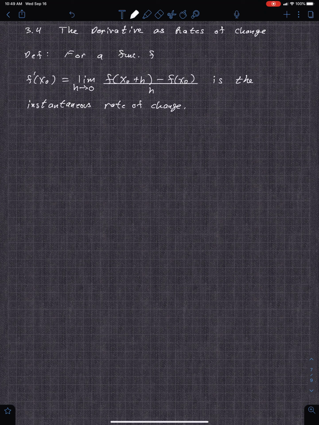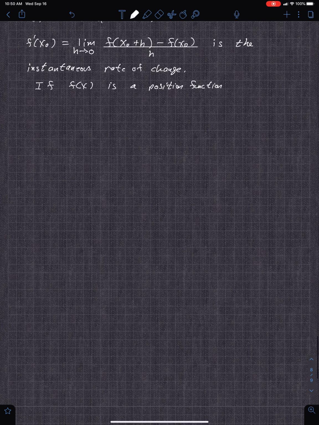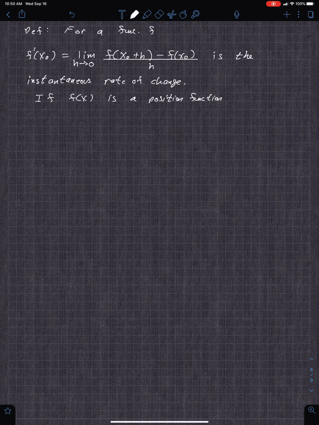So if f of x is a position function, it really is just a function, but think of it as a moving particle.